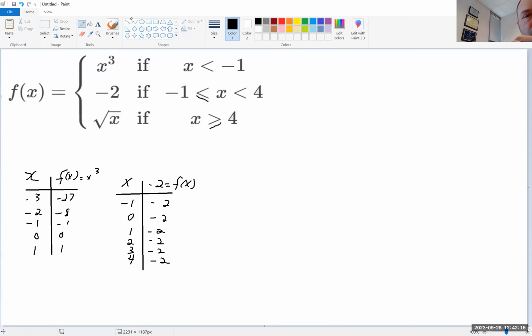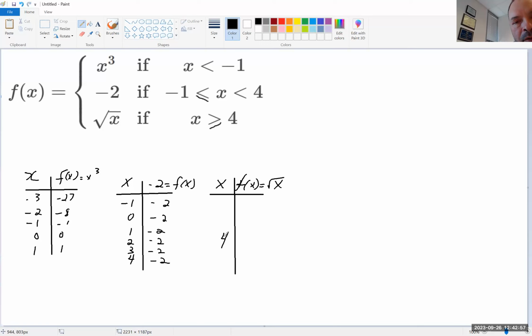And then the last piece, f of x is equal to the square root of x. So we'll start at the 4. The 4 is important to have in there.